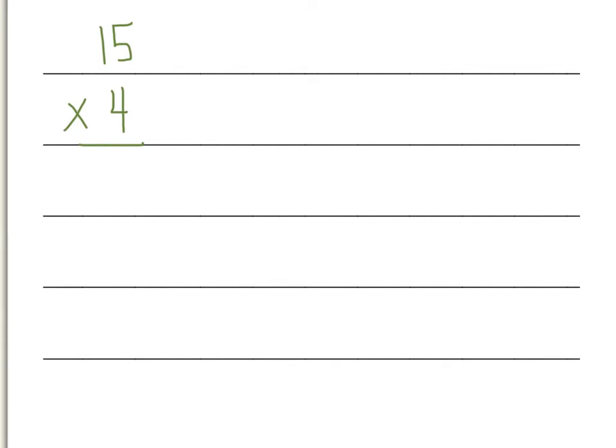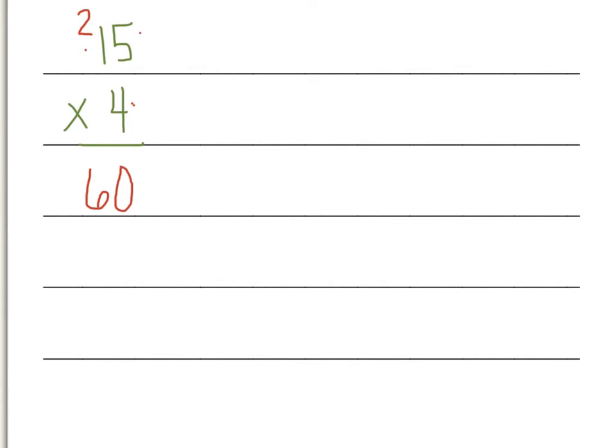What we would do is we would say 4 times 5 is 20. We carry the 2. Then we say 4 times 1 is 4 plus 2 is 6. So our answer is 60. Now that is multiplying a two-digit number by a one-digit number.